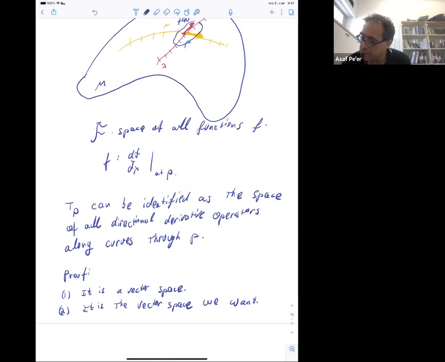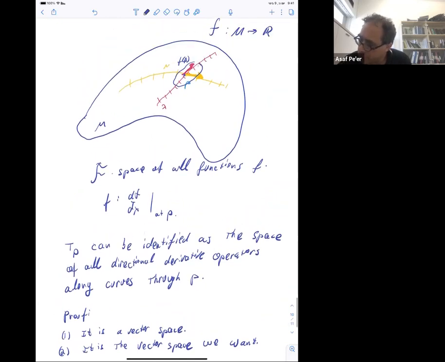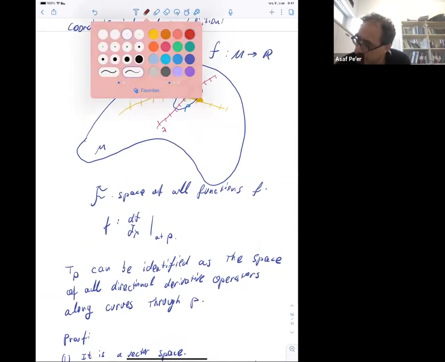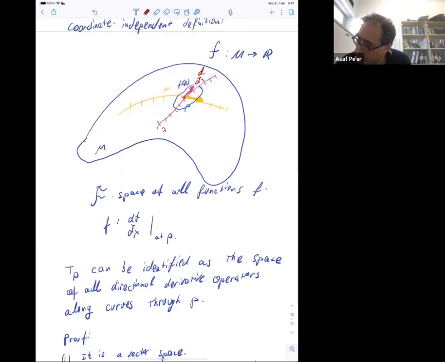That's quite easy. I specify for each curve a directional derivative. So I had the curve lambda, and now I specify the directional derivative d over d lambda. If I have a curve, and change the name to sigma, then this specifies an operator d over d sigma. The first claim is that this is a vector space.